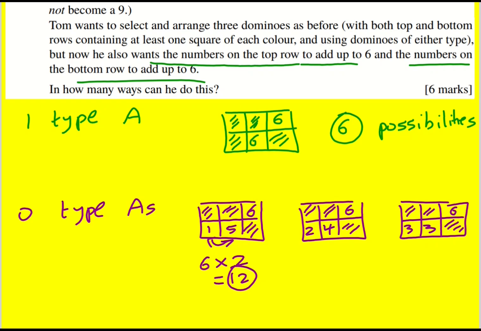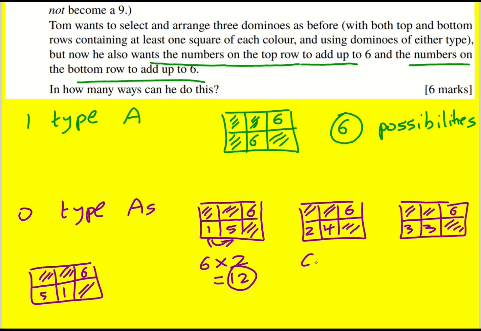But now I'm starting to number, and for every single one that I have, I can swap the 1 and the 5 round to make another possible set. For example, I have this as one of my 6, labeled 1, 5, and 6, but I could instead label it 5, 1, and 6, and that would be different because I've still got the same shaded areas, but different numbers on them.